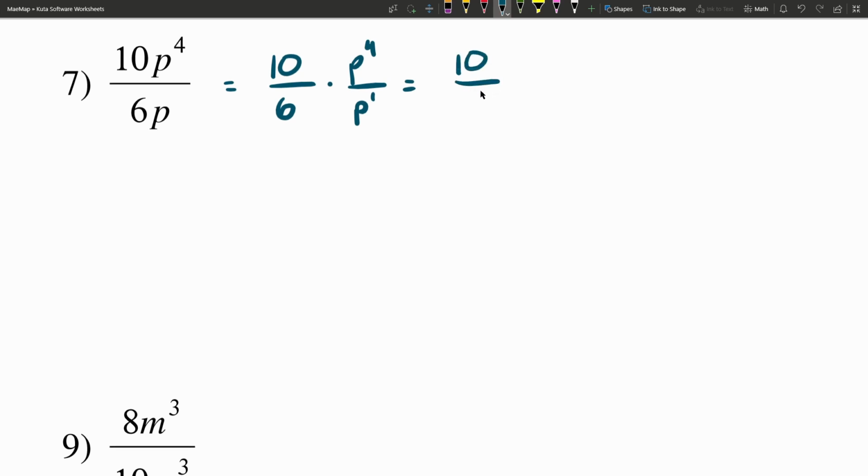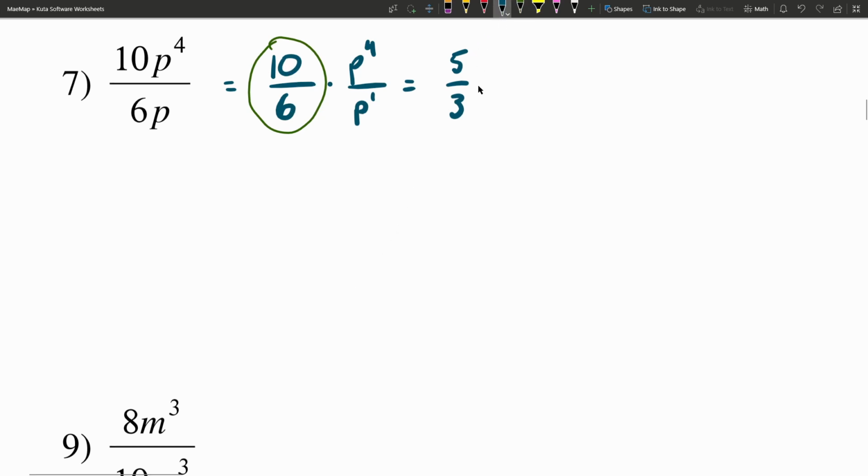That's 10/6. But as opposed to writing this as 10/6, this fraction actually simplifies down because both 10 and 6 are divisible by 2. So dividing 10 by 2 is going to give me 5, and dividing 6 by 2 is going to give me 3. So what I did here was I just simplified this fraction down a bit since I had common factors in both 10 and 6, and that common factor was 2.